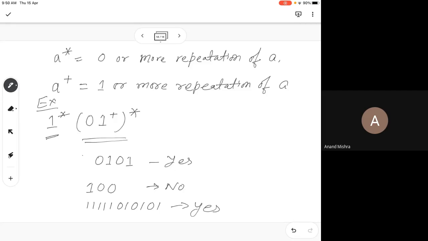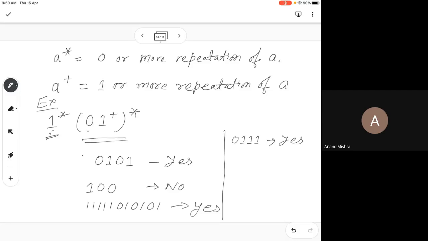Then the question is, let's say 0, 1, 1. Is it yes or no? Yes, right? Why yes? Because 1 star we have ignored, we have taken zero instances of 1, and then 0.